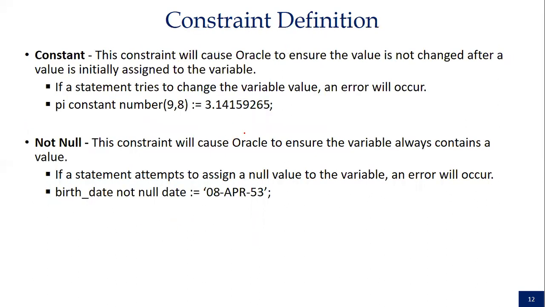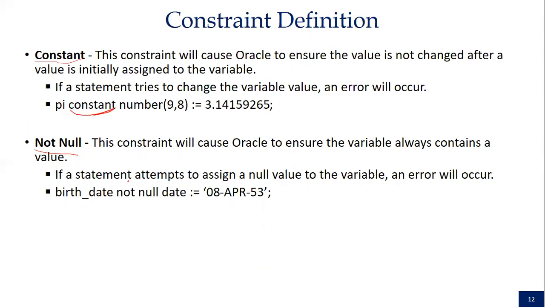Okay, like a constraint you can also specify along with the variable whenever you are using it. You can see these two types of constraint you can specify: constant or not null. Whenever you have declared any variable and you want to make it constant, then you can specify the constant keyword.